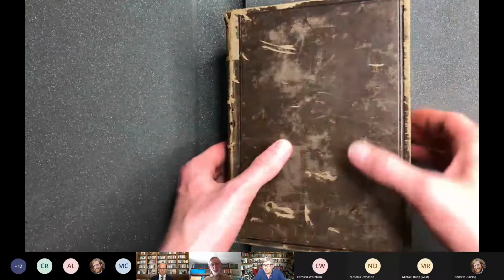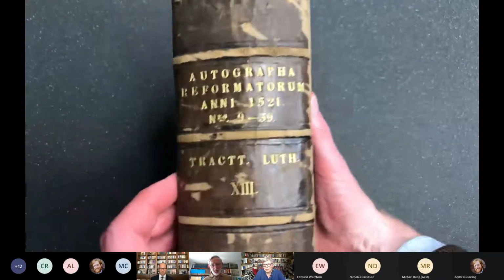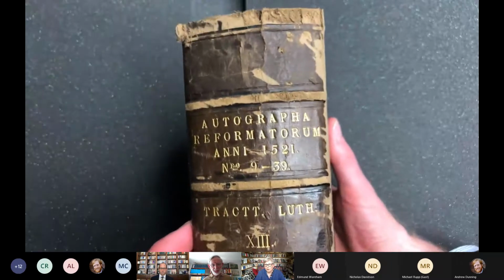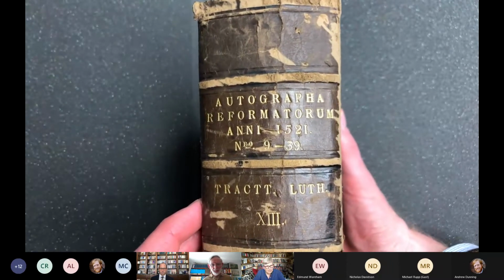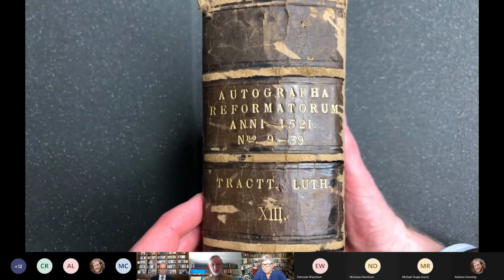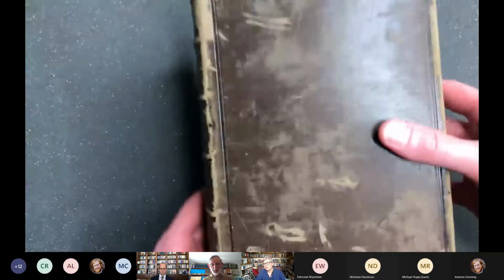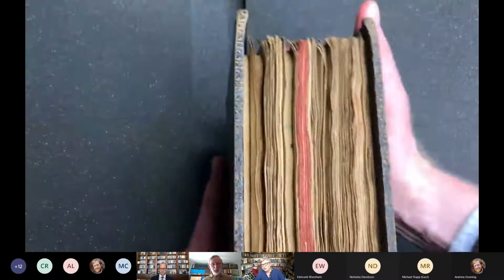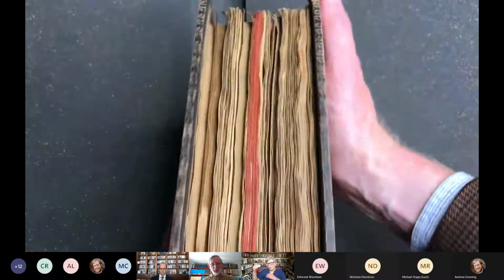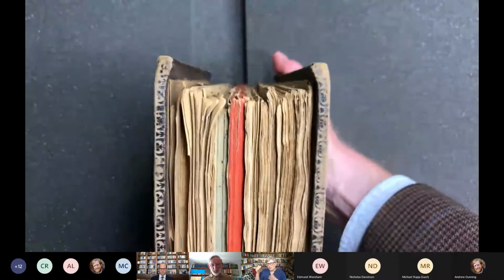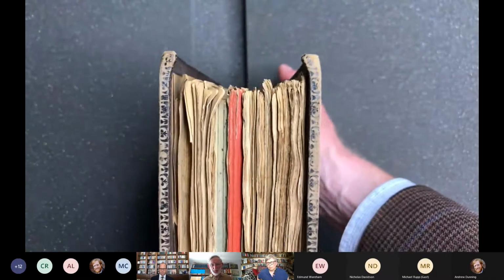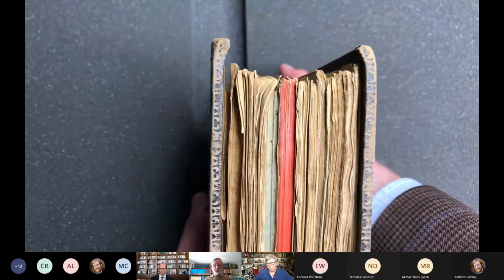So this is this 19th century Sammelband, Autographa Reformatorum. Could you just also show us the foredge, which shows how each print outlet had its different format.